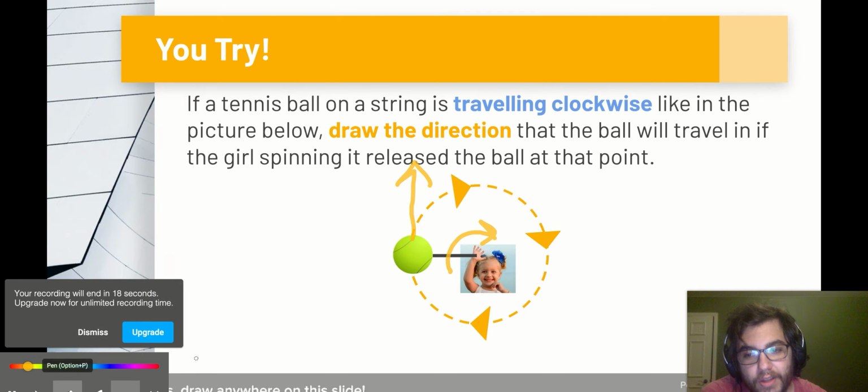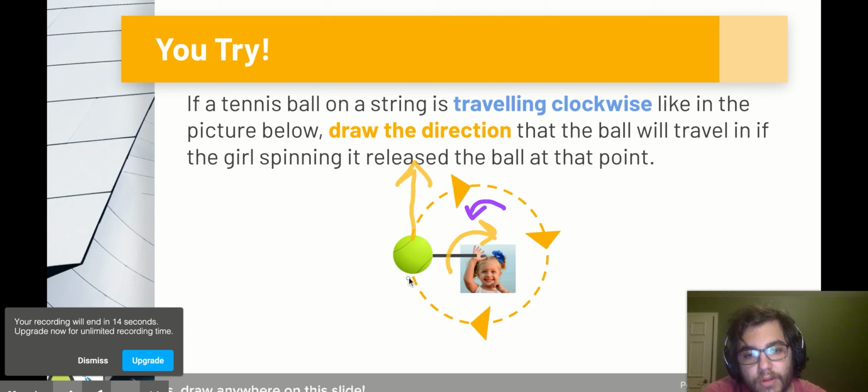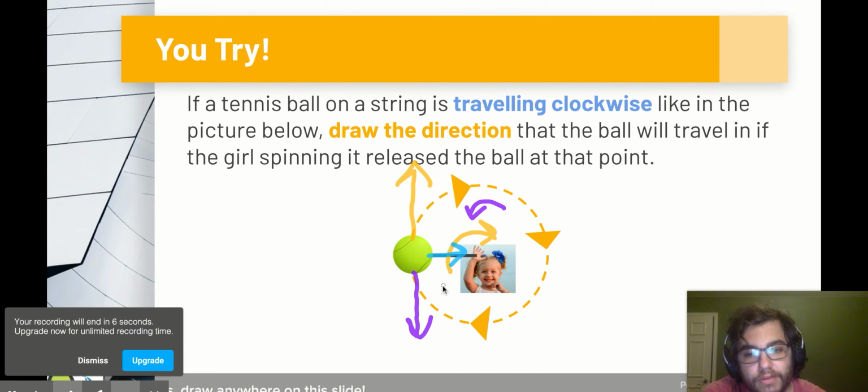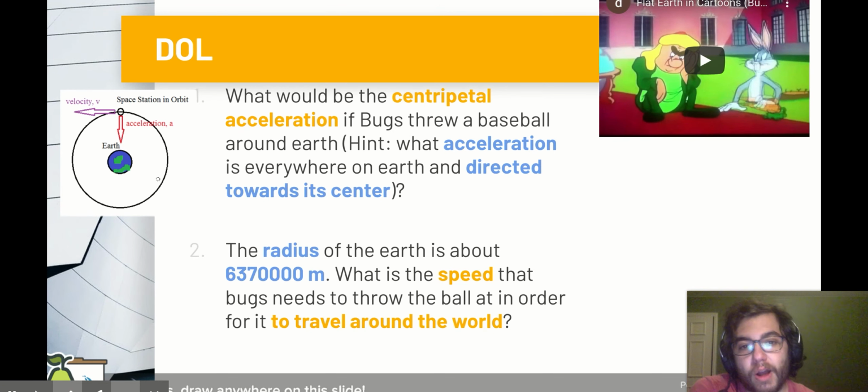If it was going in the opposite direction, let's say it was going counterclockwise, the ball would go like this. And the centripetal acceleration is always directed inward. Okay? That's it. You got it. So the trick with this problem was understanding the hint that I was trying to get you to understand: there is something that's always directed towards the center of the Earth.